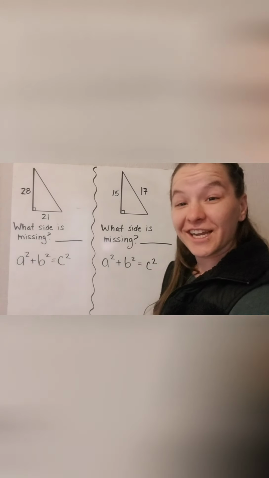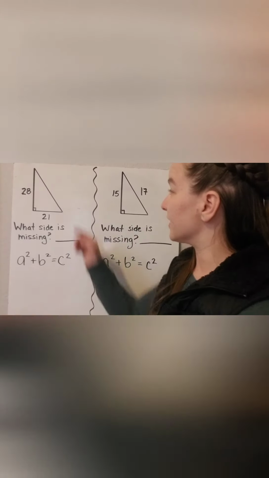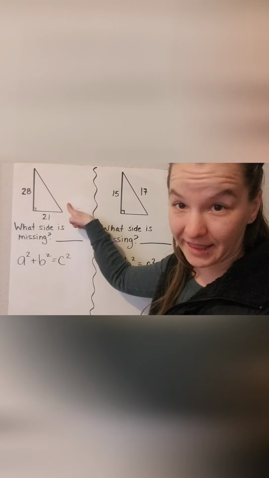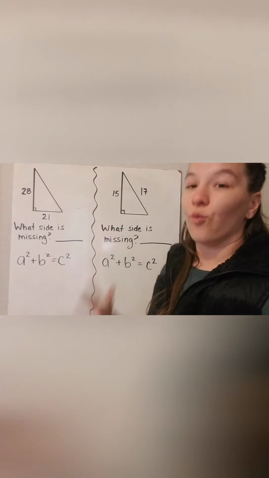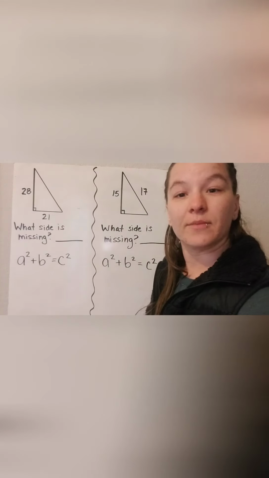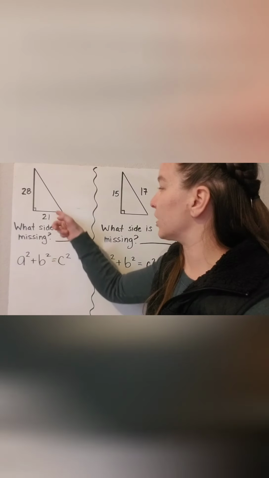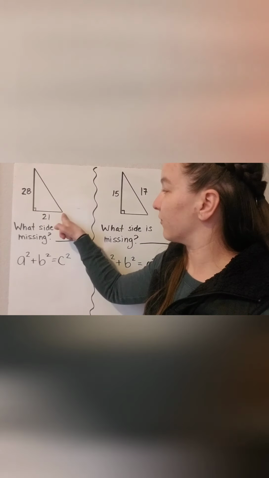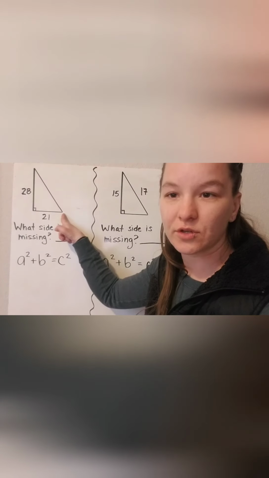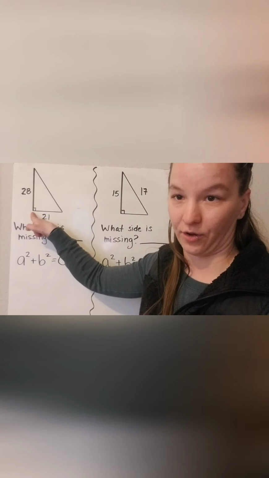All right, if you see here, I have two different examples up on the board. On this problem, we're missing this side length, and on this problem, we're missing this side length. When dealing with these types of problems, I first want you to ask which side is missing. So when we look at this example, we were given both of the legs. I know those are the legs because they're attached to that 90-degree angle.